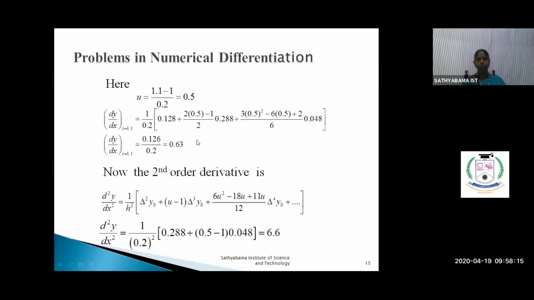If I substitute, what do we get? dy by dx at x equal to 1.1 is 0.63. So this is your first derivative of the given function y equal to f of x at x equal to 1.1. Is it clear?